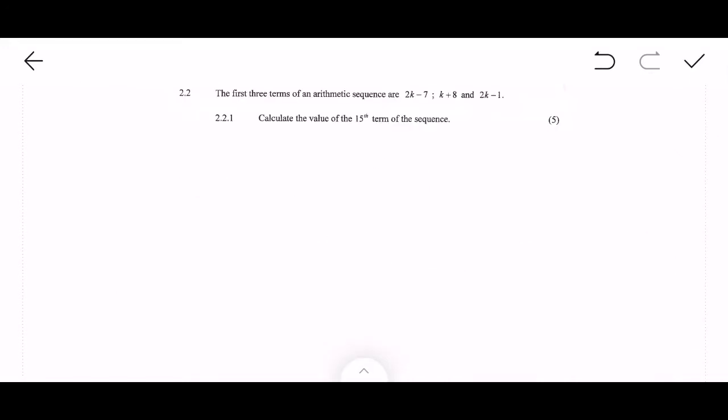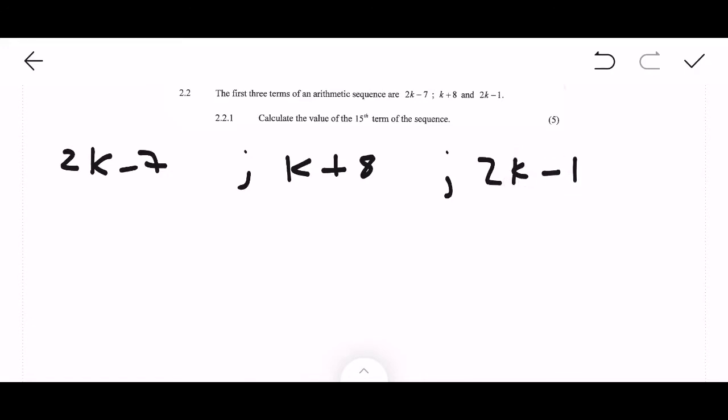So in this term, given the first three terms of an arithmetic sequence, and these terms are 2k minus 7, k plus 8, and 2k minus 1, you are required to calculate the 15th term of the sequence.